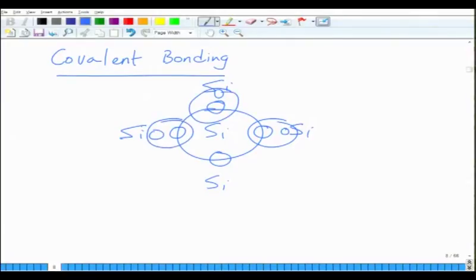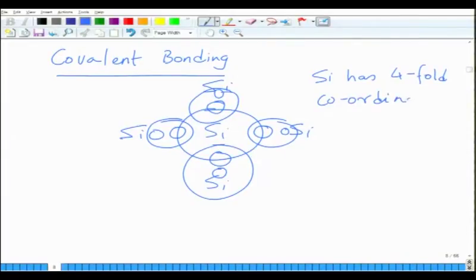Likewise, this silicon on the outside will also be pairing with 4 neighbors. As a result, silicon has a 4-fold coordination. Every silicon atom in the silicon structure is paired up with 4 silicon atoms, it has 4 neighbors, so as to have this covalent bonding.